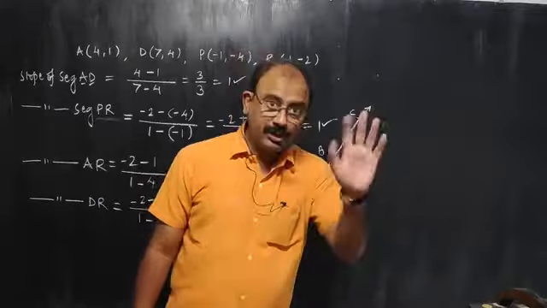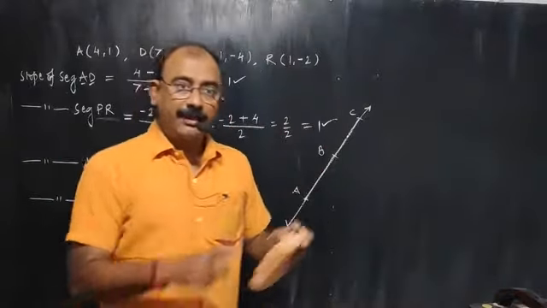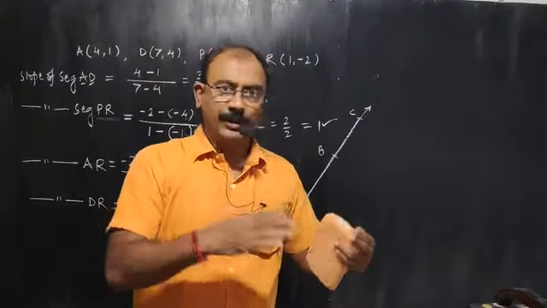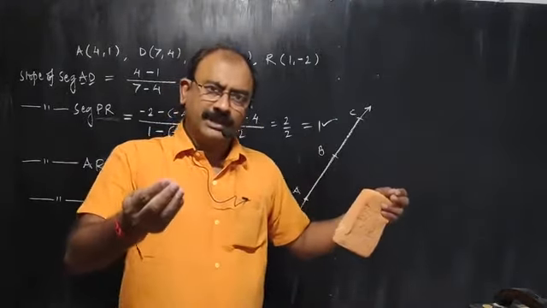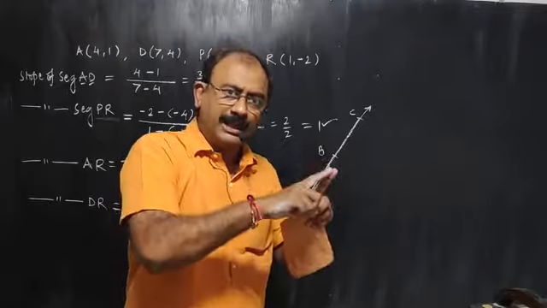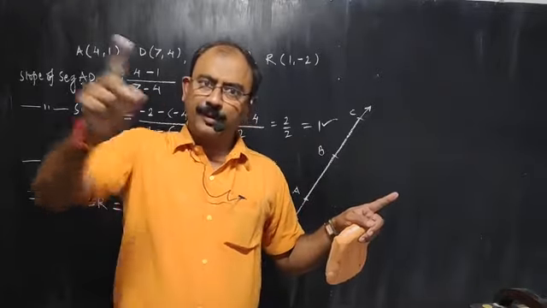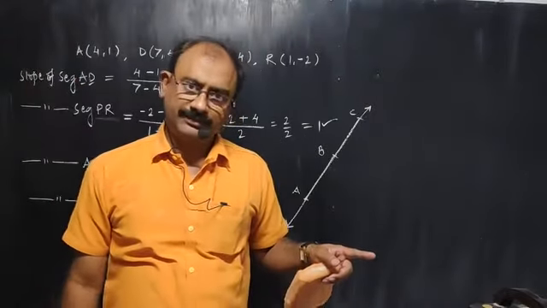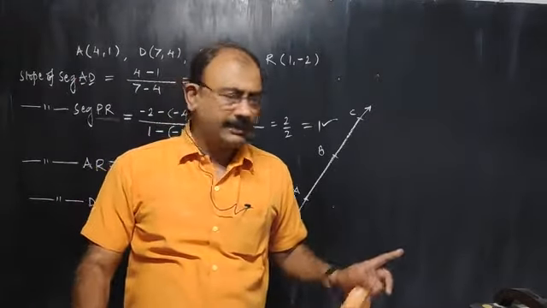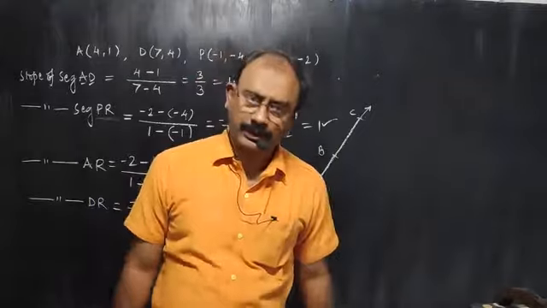You will be given 3 points, A, B, C, whether it is ABC or PQR or XYZ, anything. So you calculate the slope. Suppose given points are PQR. So you calculate the slope of PQ and slope of QR. If both the slopes are equal, you will say that 3 points are collinear. If the slopes are not equal, they are not collinear.